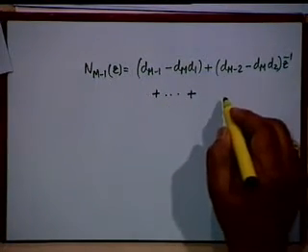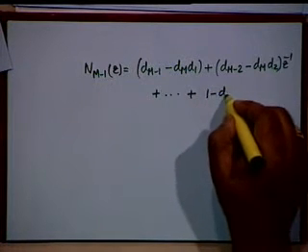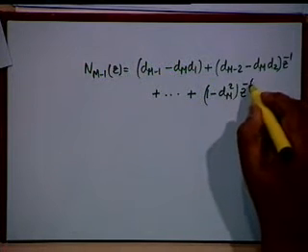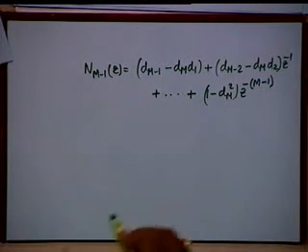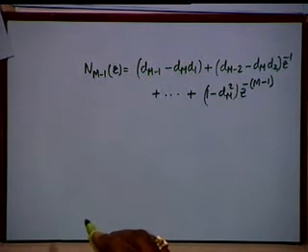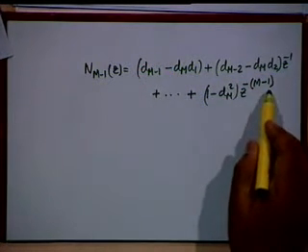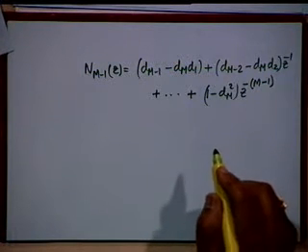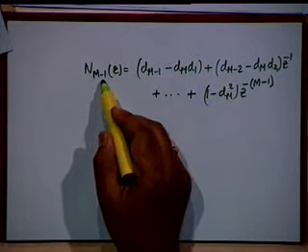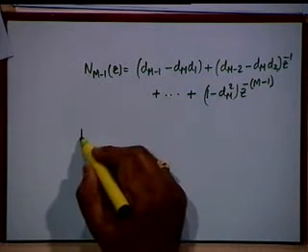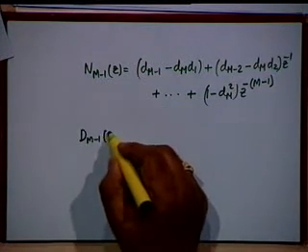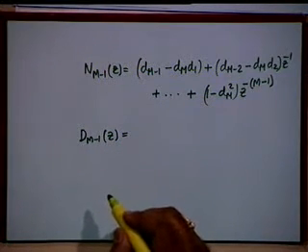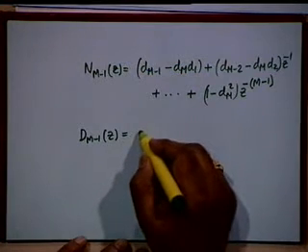What will be the last term? 1 minus dm squared, and the power of z shall be minus (m minus 1). That is correct. So, the numerator is indeed an (m minus 1)th order polynomial in z inverse. Okay? So, our m minus 1 subscript is justified. In a similar manner, you can show that D_{m-1}(z)... I will simply write it down.